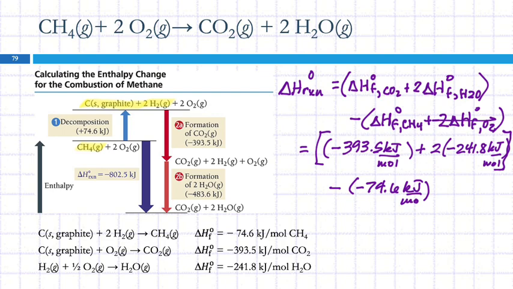So negative 393.5 plus 2 times negative 241.8 minus negative 74.6, negative 802.5 kilojoules.